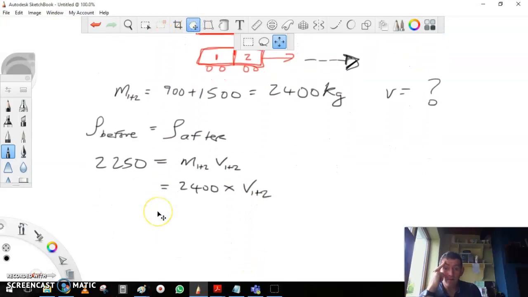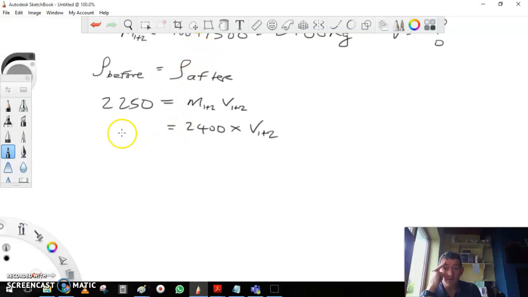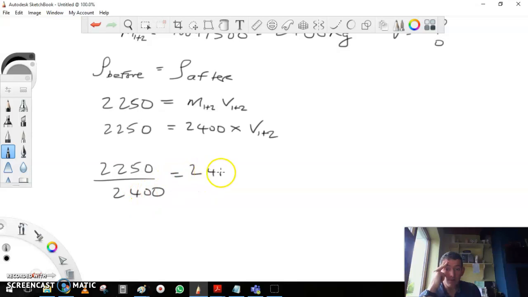To work out the velocity after the collision, we'll divide both sides of the equation by 2400. 2400 divided by 2400 cancels, and we're left with 2250 divided by 2400, which gives 15 over 16, or 0.9375, or 0.94 to 2 decimal places.